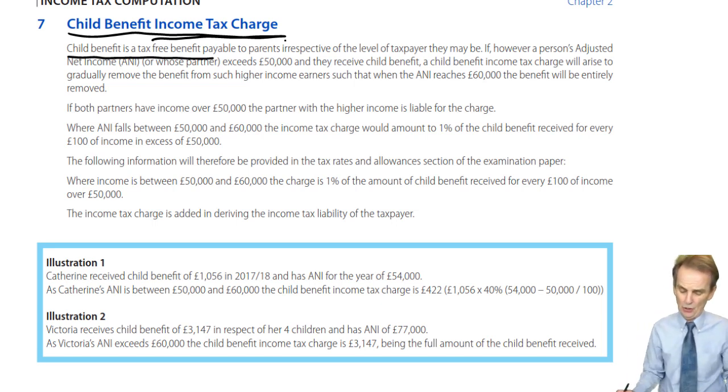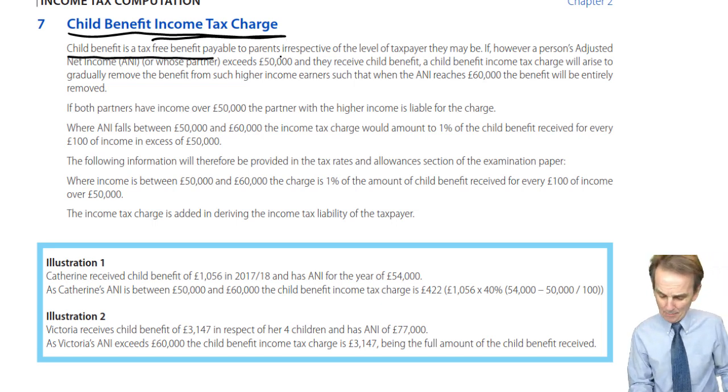So what are we told in the note, therefore? Again, payable to parents to begin with, irrespective of the level of taxpayer they may be.